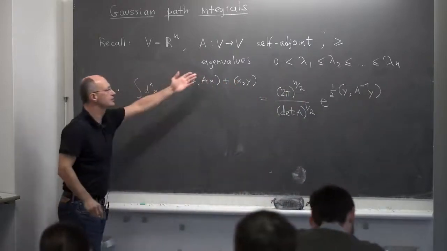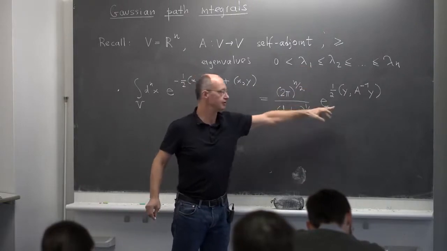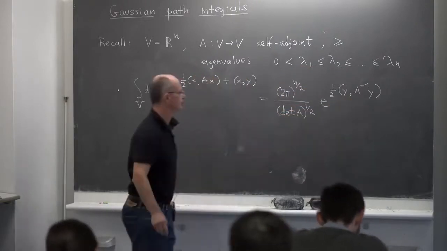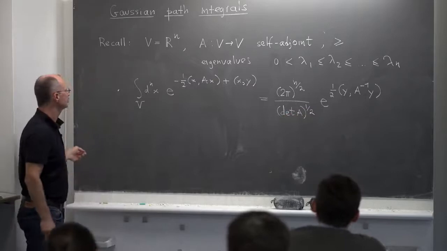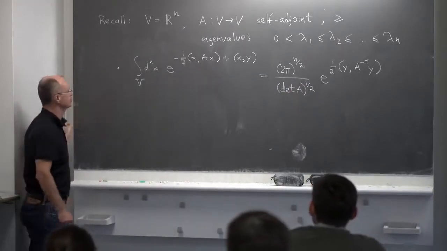By my assumptions, all the eigenvalues are positive. This means the operator is invertible, so A^{-1} is well defined. And that's a beautiful formula for the Gaussian integrals in finite dimensions.